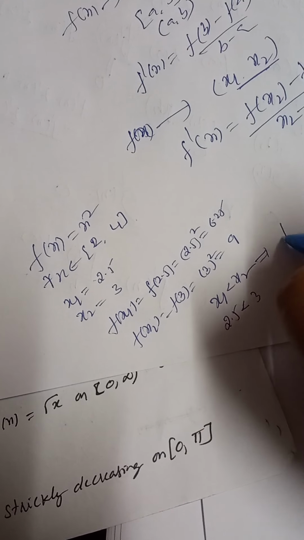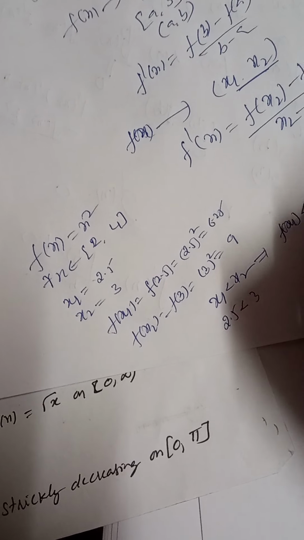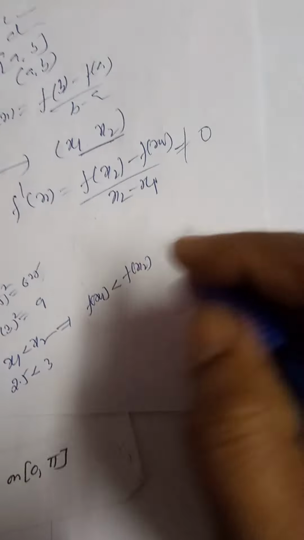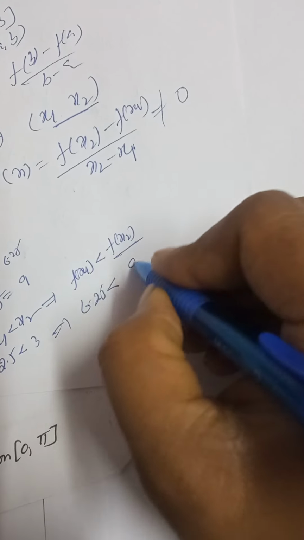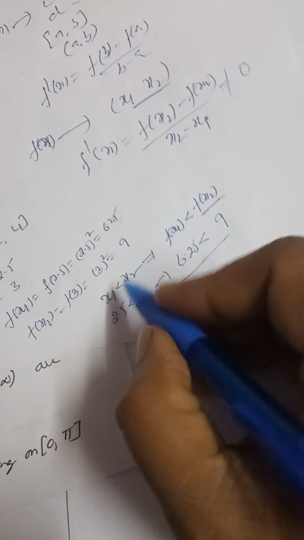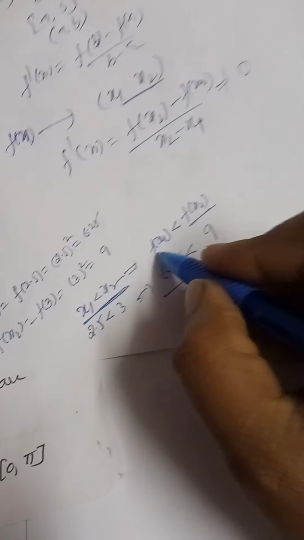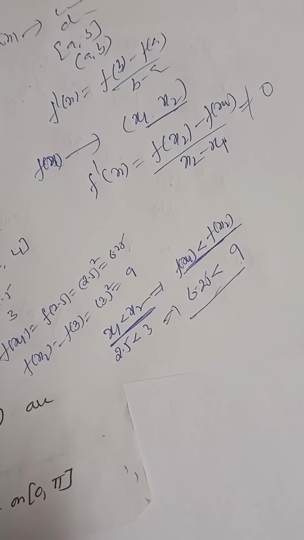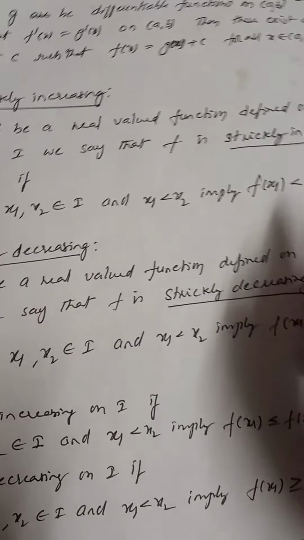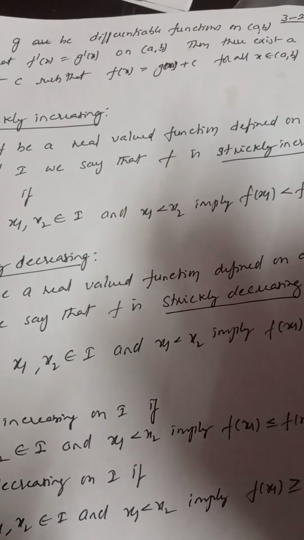Implies what you are getting? f(x1) is less than f(x2). f(x1) here is 6.25, less than f(x2) which is 9, right? For x1 less than x2, if f(x1) is less than f(x2), then the function is said to be a strictly increasing function. Strictly increasing means the function values go on increasing continuously.